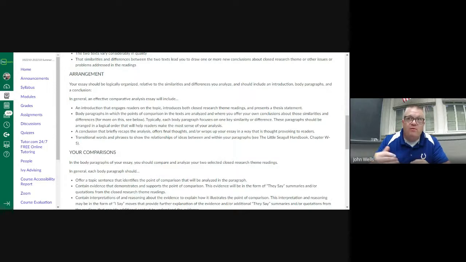Why is that important? What does it really say about the articles? What does it really say about this, right? So, if you follow that format, you're looking at like 6 paragraphs: introduction, summary, identify that important element that you're going to really focus on, and then that analysis piece, all right?